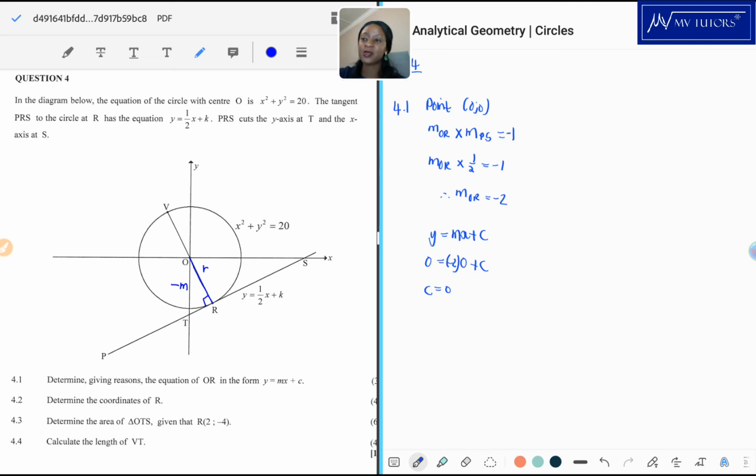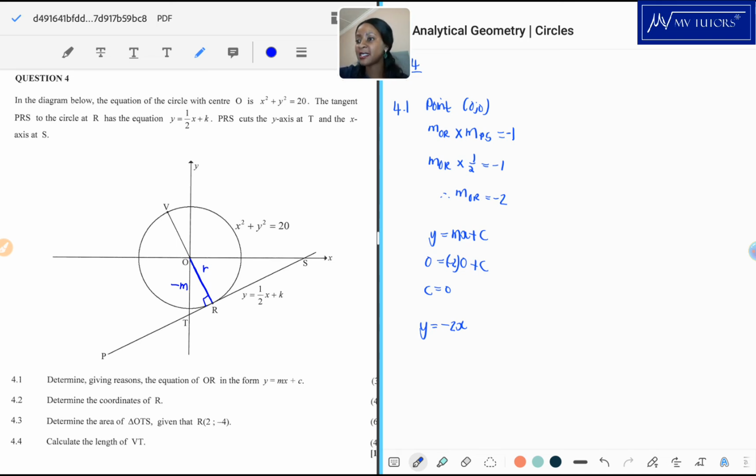I actually shouldn't have solved that because I can see where this line is crossing the y-axis. It's crossing it at the origin, which is 0. But basically I've taken up time. So the equation then of OR, y is going to be equal to negative 2x because c is 0.